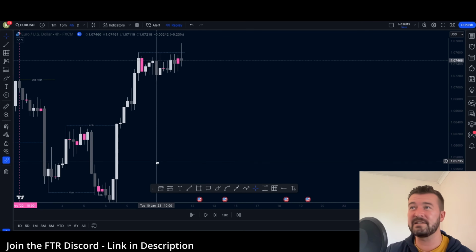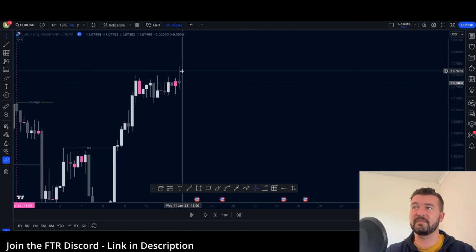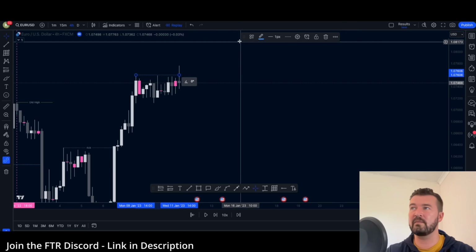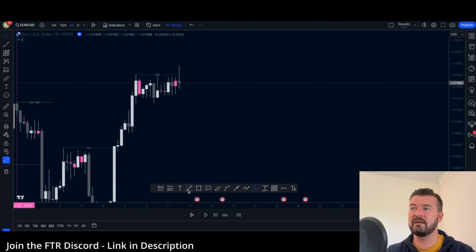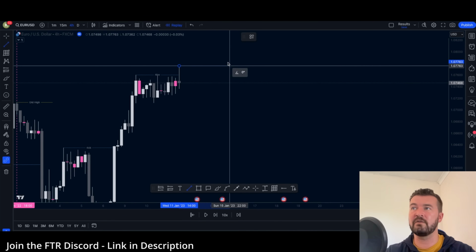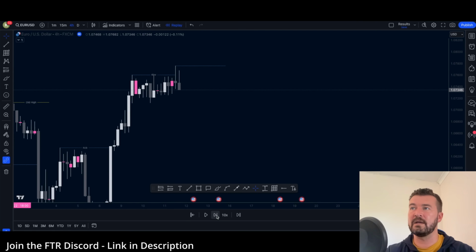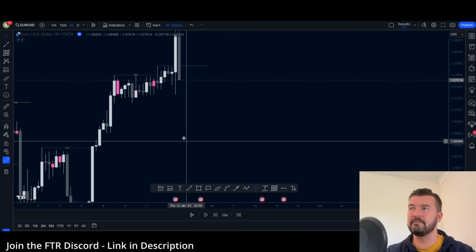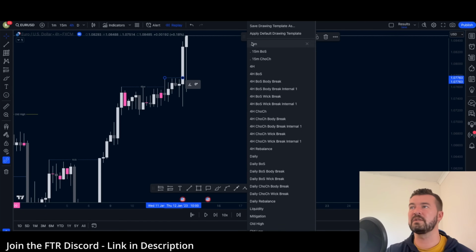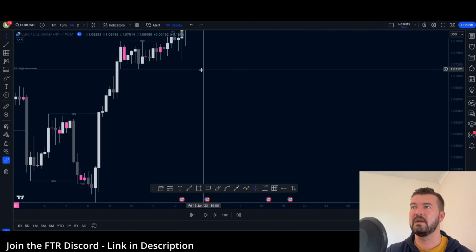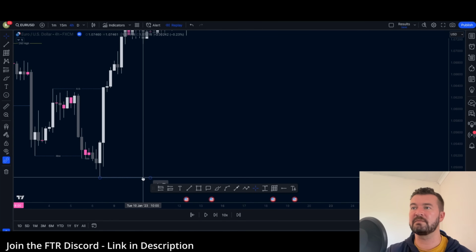Low actually stays in the same place at the moment. All right, but we do have BOS with a wick break. So BOS with a wick break. Let's do one more just so we can hopefully move the low. Can't deny that one. Right, and that's BOS with a body break. And therefore, this now just becomes an old low.